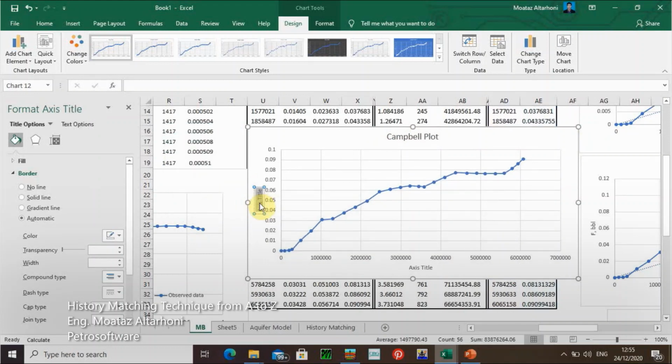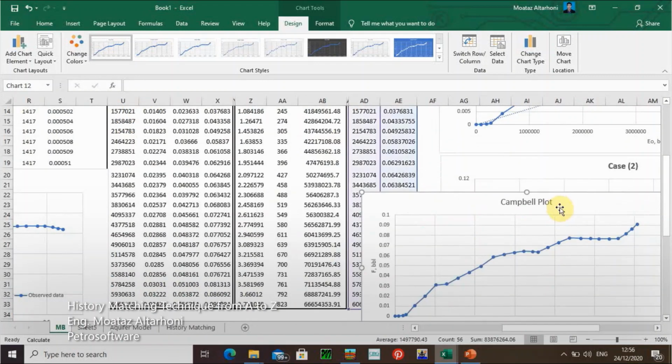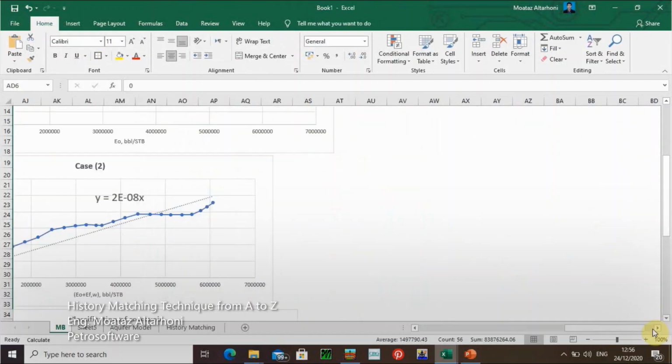You can predict with me what the case is here compared with the last plot I generated. I will compare the Campbell plot with the last work here.